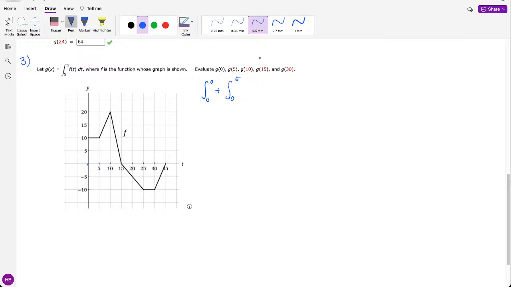Okay, hold on. Let's take it one step at a time. So the integral to 5 is this one, right? That's here. And then the next one is to 10, which is here. And then 15. And then we have all the way to 30.